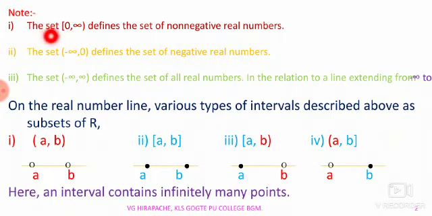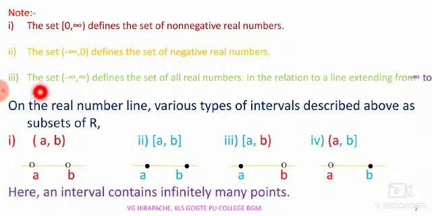The set left closed, right open, 0, infinity defines the set of non-negative real numbers. The set left open, right open, minus infinity, 0: in this case, both are not included. That is, an open interval defines the set of negative real numbers.